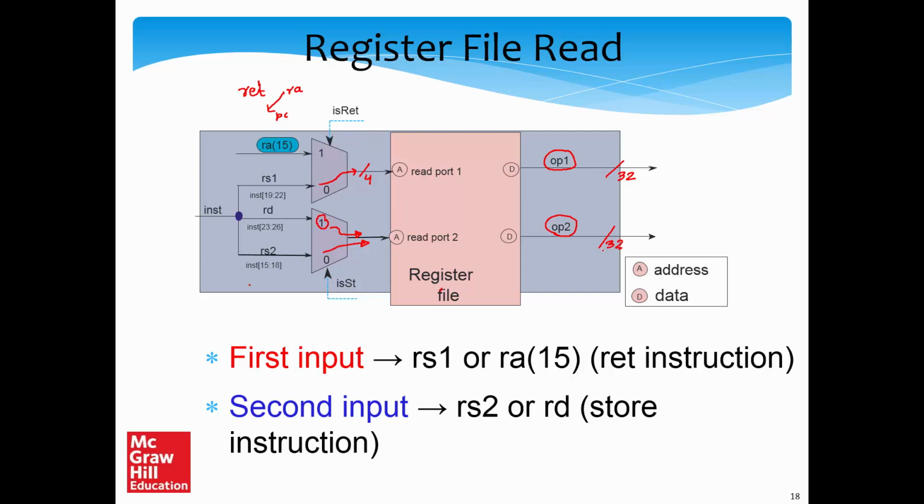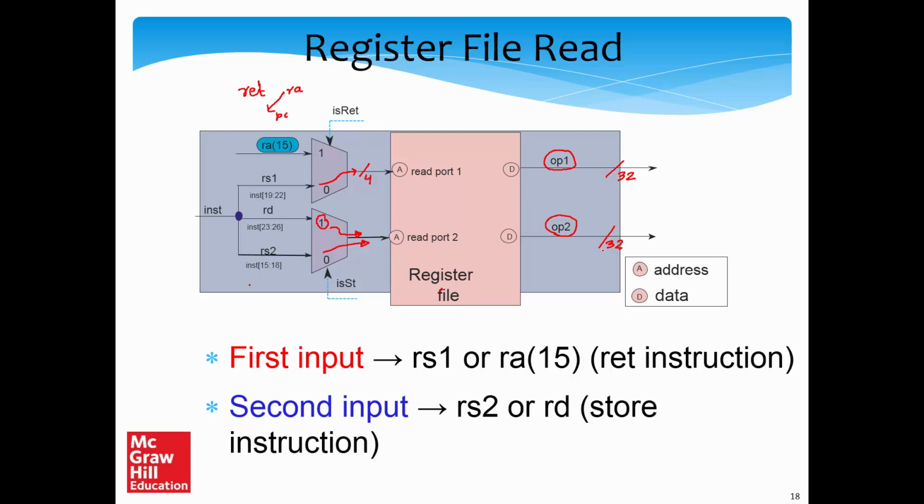To summarize, in this slide we are showing the circuit for reading the register file. We needed to add two multiplexers to the left of the register file to take some special cases into account. For read port 1, we took into account the fact that the isRet instruction reads the return address register. So we need to choose between the return address register and the first register source RS1.